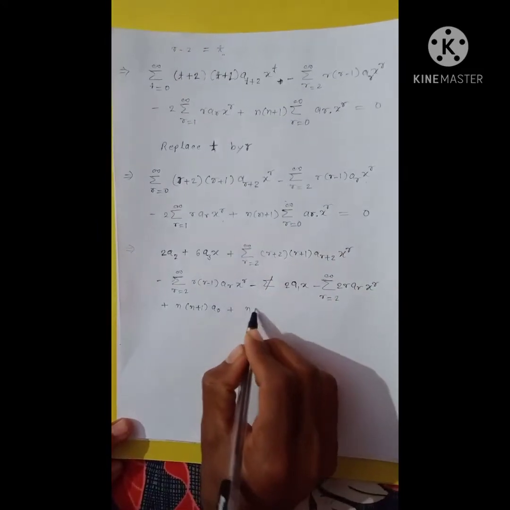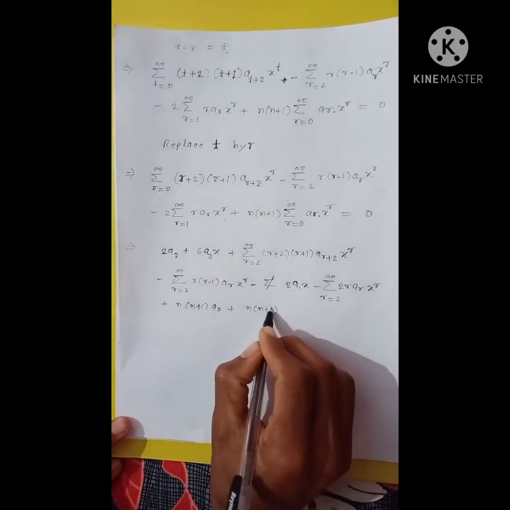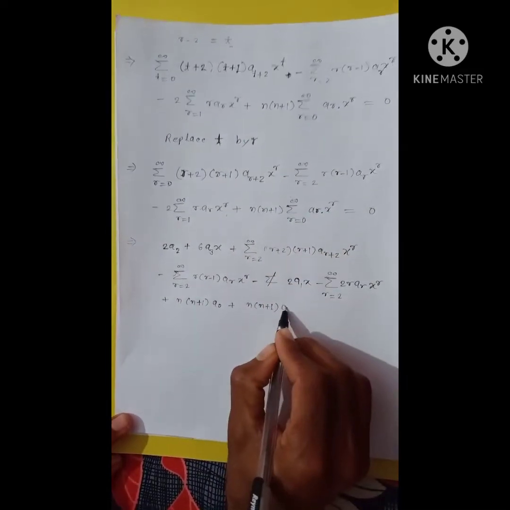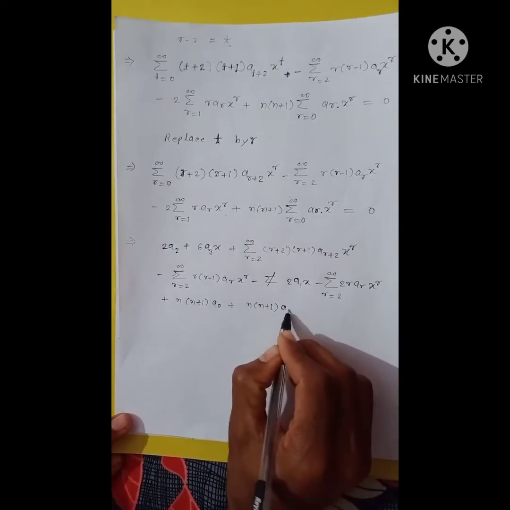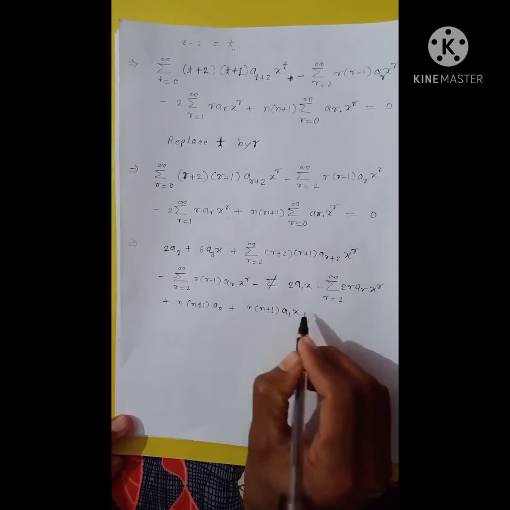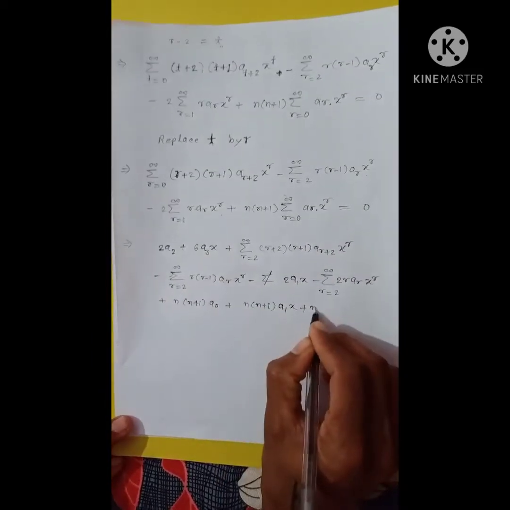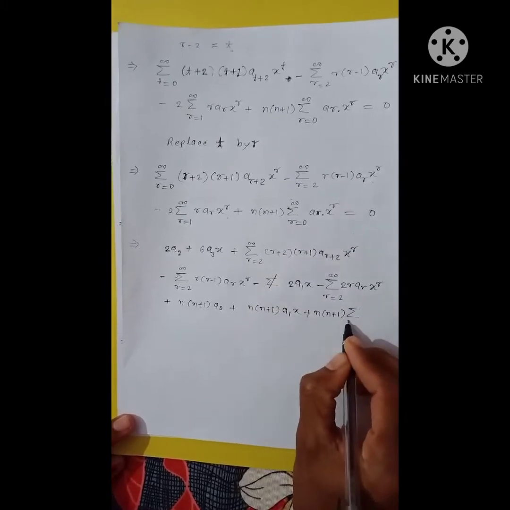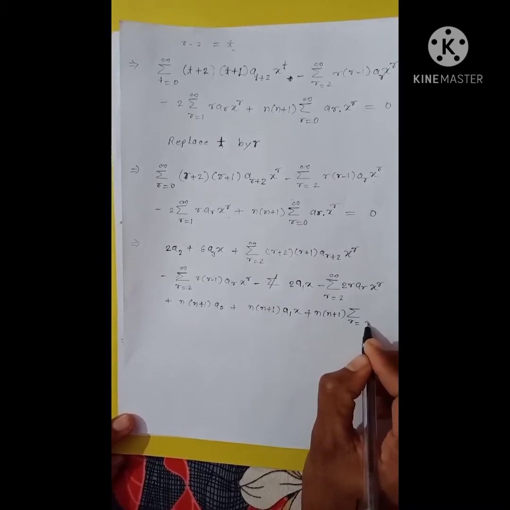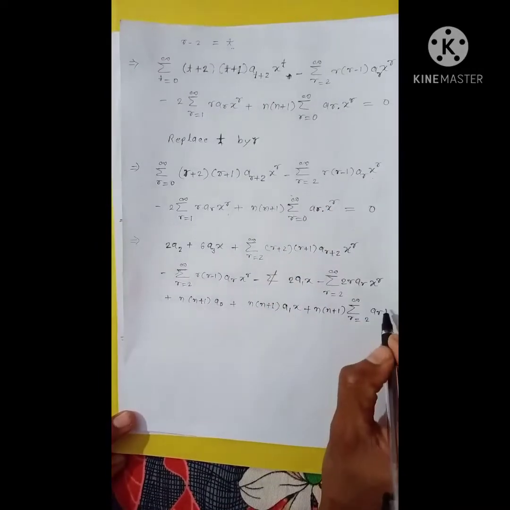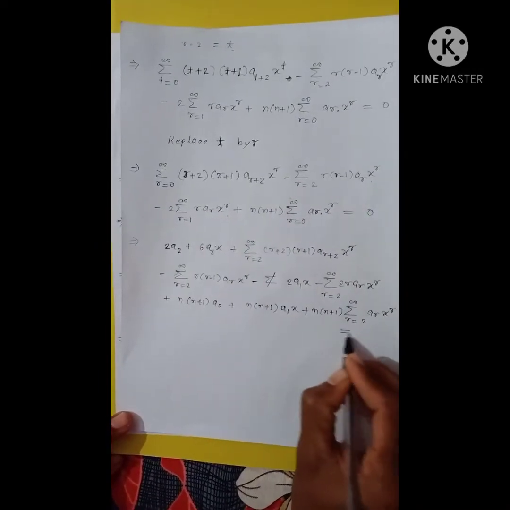So we get n into n plus 1 a1 into x to the power 1 becomes x, and plus n into n plus 1 summation r equal to 2 to infinity ar into x to the power r equal to 0.